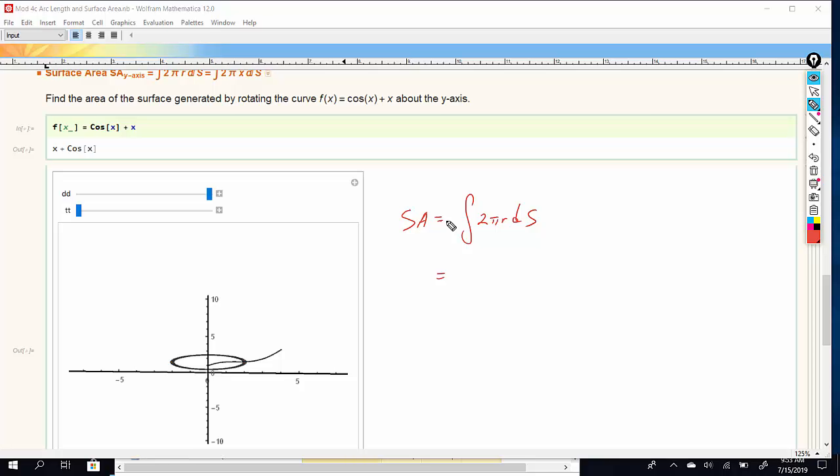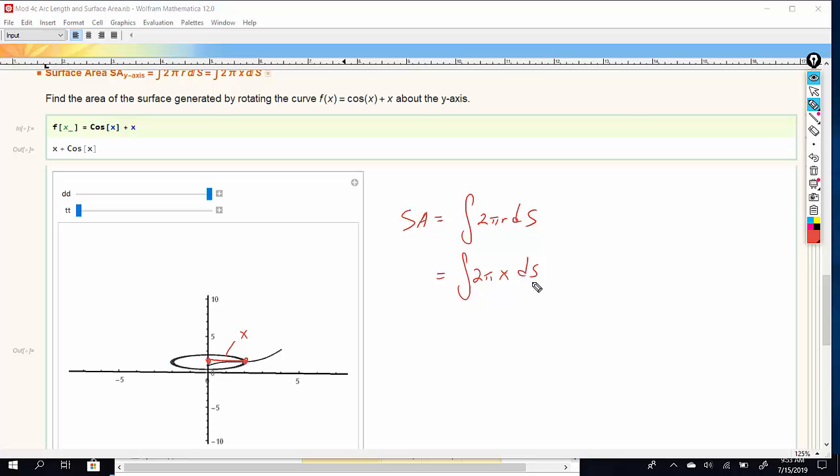The difference is the radius value. Now my radius of that circle of rotation is going to be the distance from the y-axis over to my function. The x-coordinate of that point of the function would represent this horizontal distance. So that radius value I can write as x. So if I want, I could rewrite this as 2 pi x ds anytime I'm rotating about the y-axis.